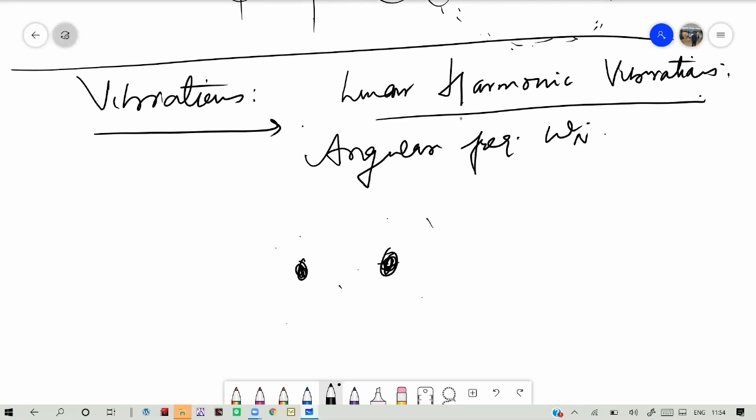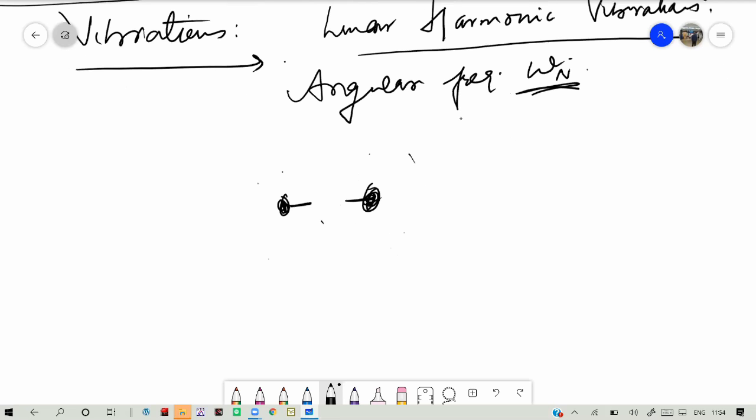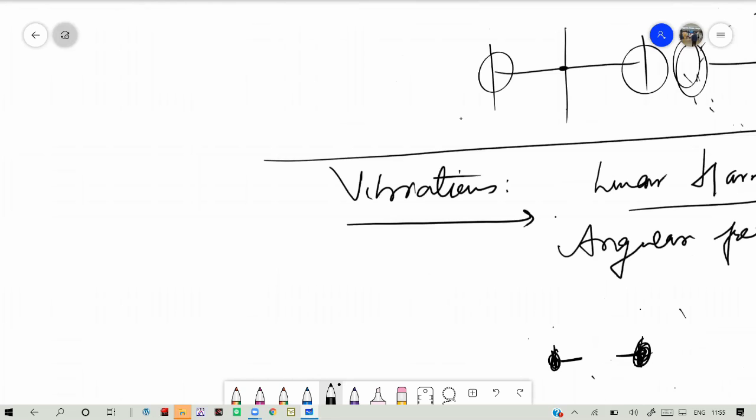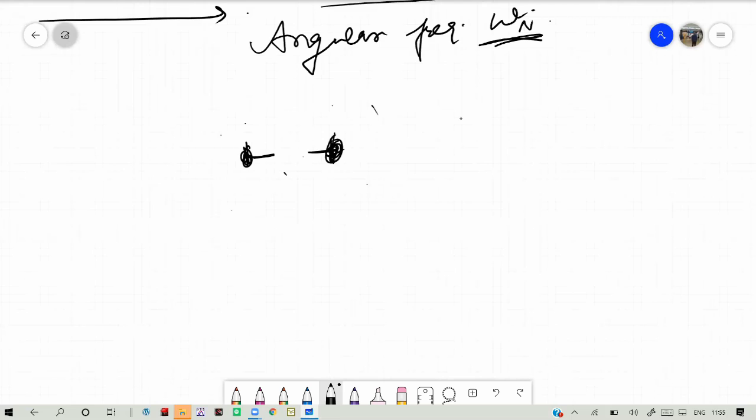When a molecule vibrates, that means the nuclei vibrate, and they vibrate with an angular frequency of omega n. For example, if these nuclei have some equilibrium distance, now they move apart. They move from their equilibrium positions by a distance a and vibrate. It was here, so it moves here, this can move here. So they move a distance a from their equilibrium position. Let this be a, this be a. The distance in which it vibrates is a.